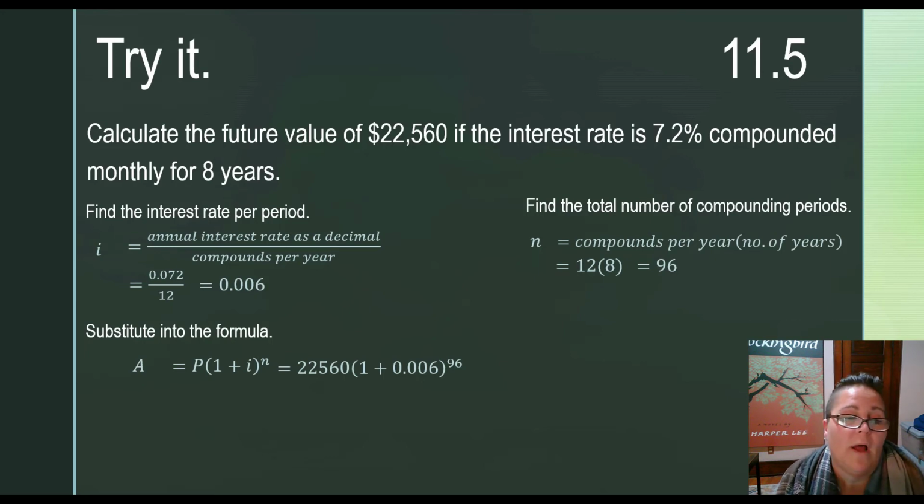So 1 plus 0.006, do what's in parentheses first, to the 96th power. This is, well, it's a basic calculation. You have to do the power first. 1.006 to the 96th power.